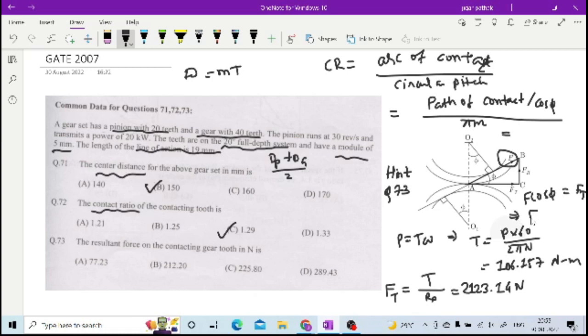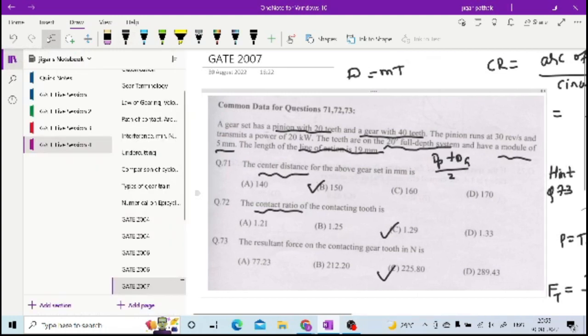So as you have Ft, you can calculate this F. Ft you have, this 2123.14, and cos 20 is there. So this Ft divided by cos 20 will give you 2258.1, right? So this is how you will get your answer.